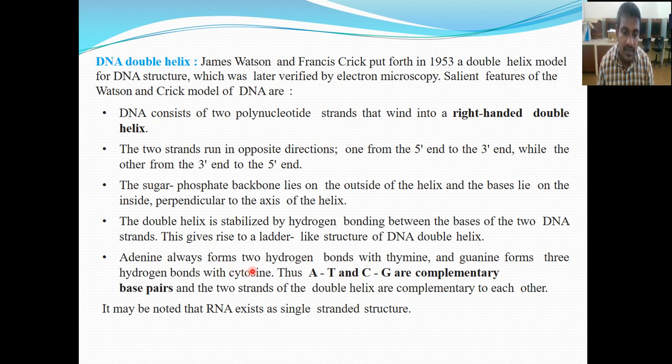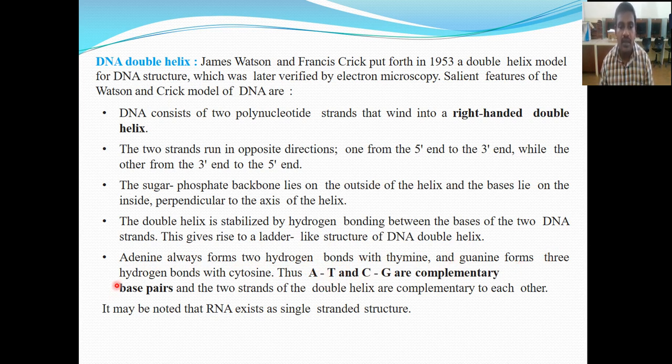See, adenine always forms two hydrogen bonds with thymine. So the bond between adenine and thymine is a double hydrogen bond. And what about guanine?